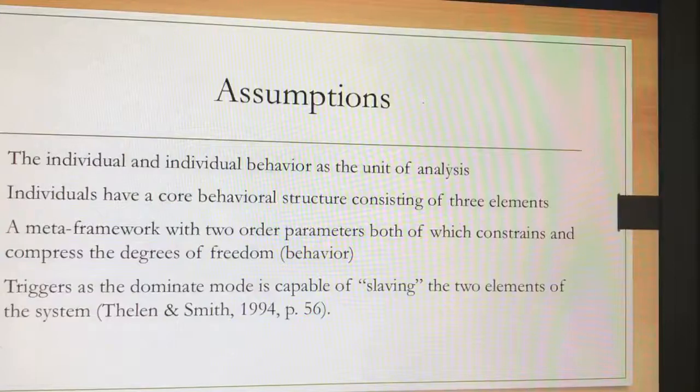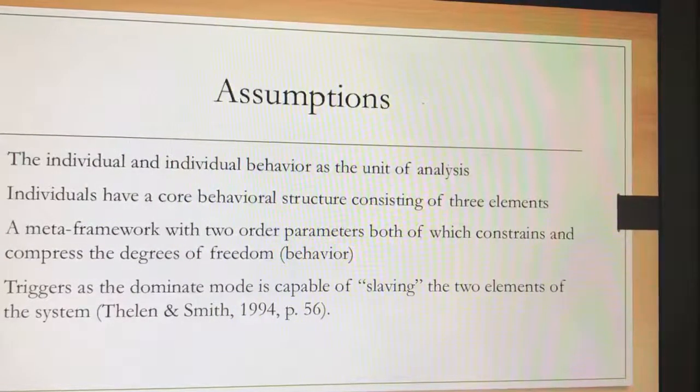Assumptions underlying the transaction model include the individual and individual behavior as the unit of analysis. Another assumption is that individuals have a core behavioral structure consisting of the three components of the transaction model: triggers, self-reflection, and unbiased processing.